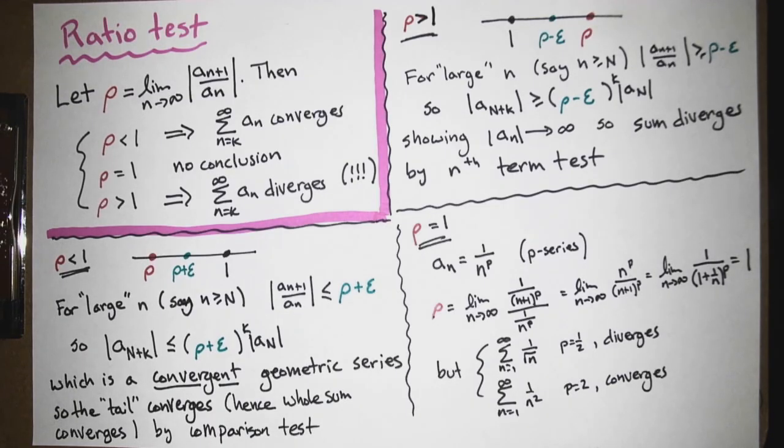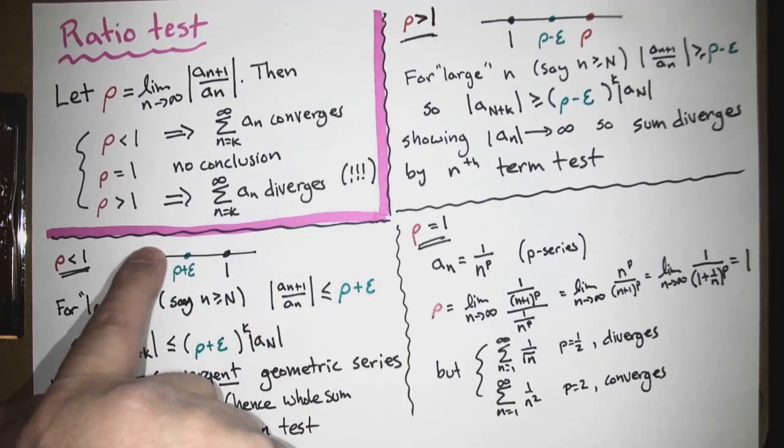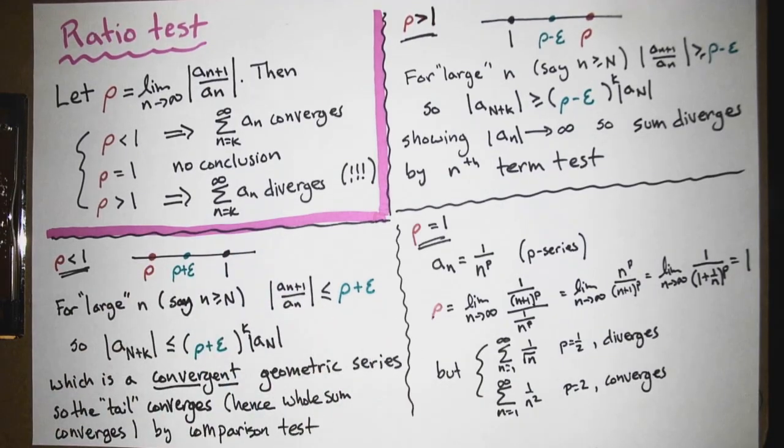And to say that rho is the limit says, well, if you're large in n, you have to be close to rho. Which means if we're large, we can't be over here. We have to be near here. So we have to be below rho plus epsilon.